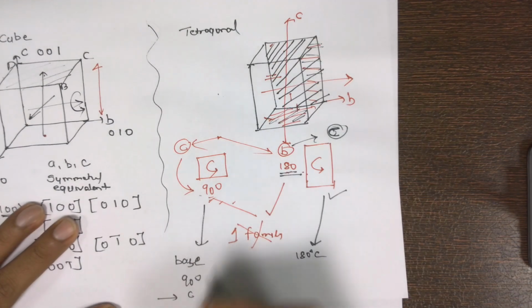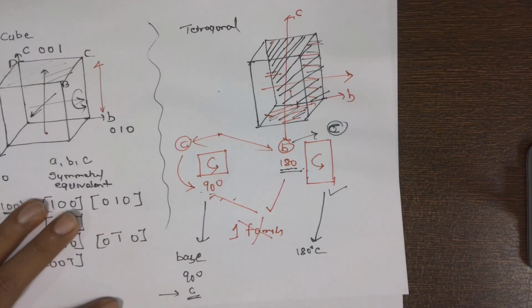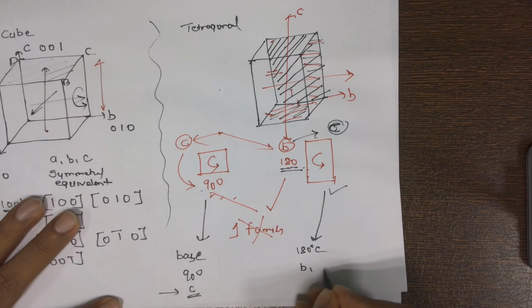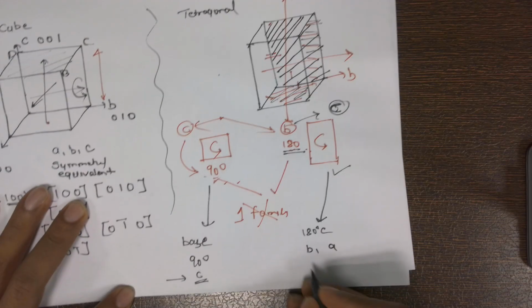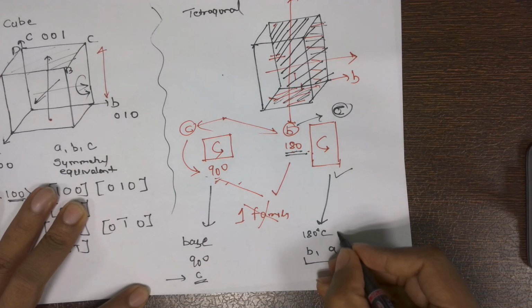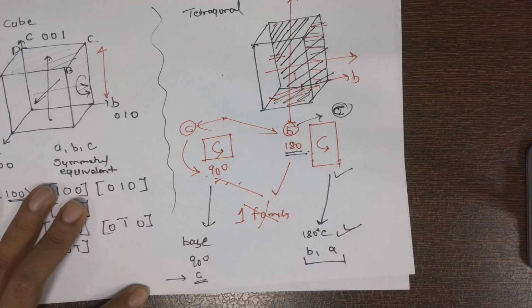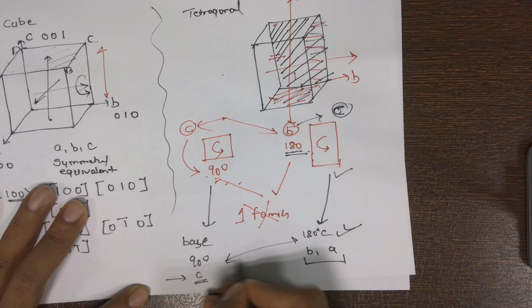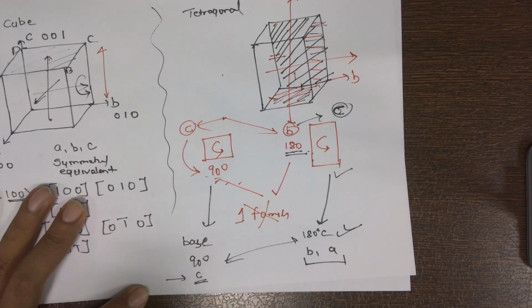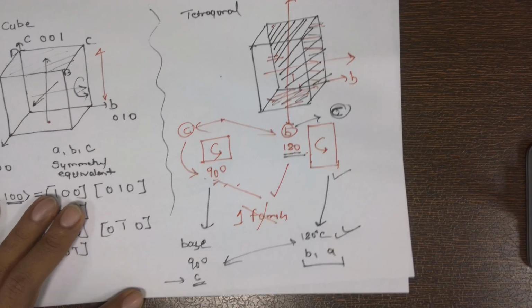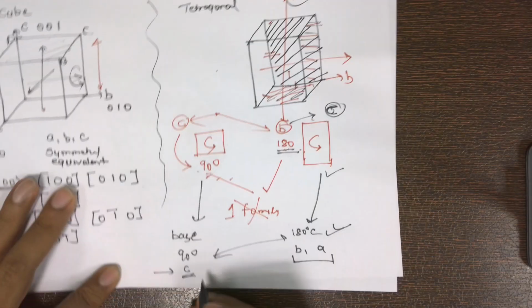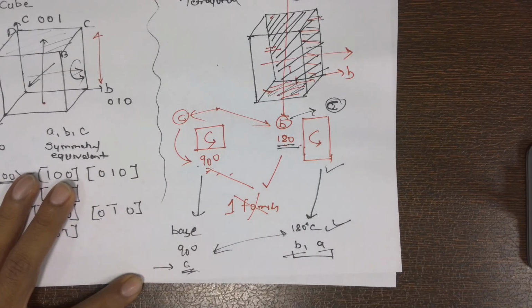If I rotate about the C axis, it will be symmetrically equivalent. But if I rotate about the B and A axes, they will tell that we want 180 degree of rotation, then only we will be symmetrically equivalent. So they are not in the same family. They belong to two different families. So the C direction will differ from the A and B direction in this way.